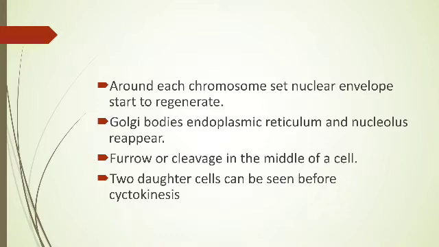This furrow in the middle will later deepen in the next phase, that is the cytokinesis, and after deepening, the two daughter cells completely divide in the cytokinesis. But before this, in this phase, we can only say that the furrow or the cleavage can be seen in the middle of the cell, and then later the two daughter cells can be seen before the cytokinesis.